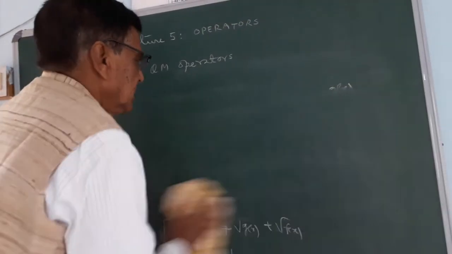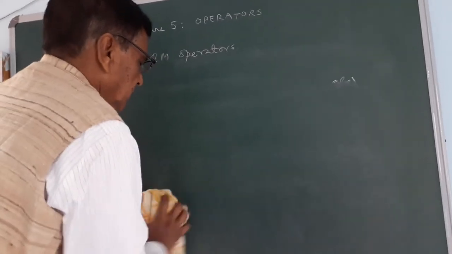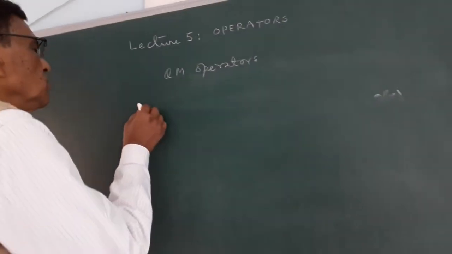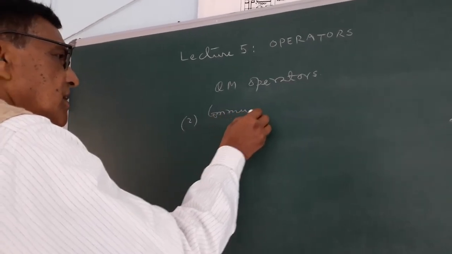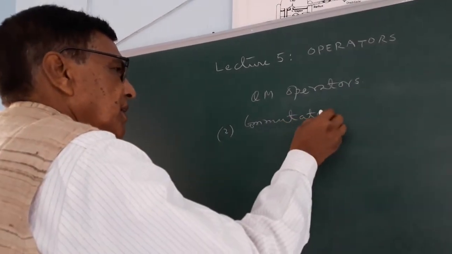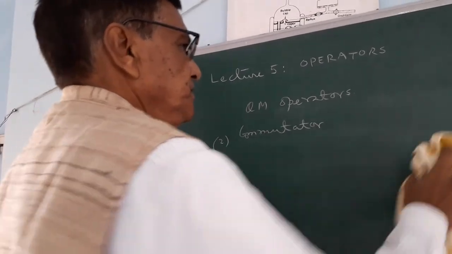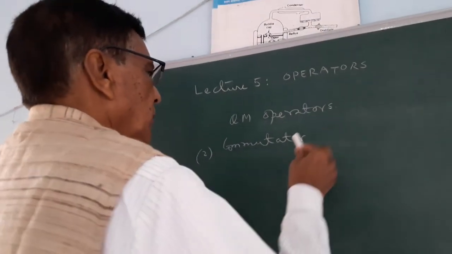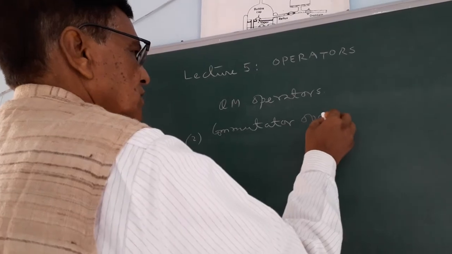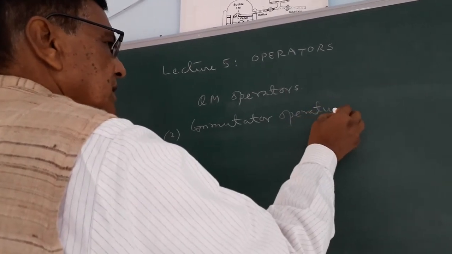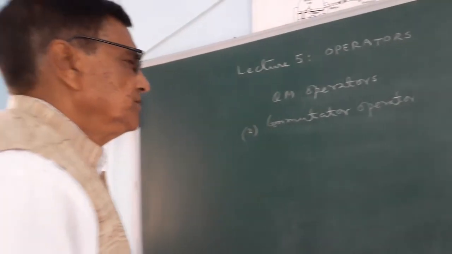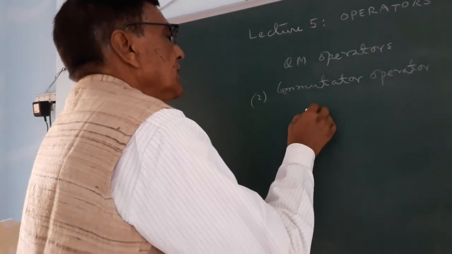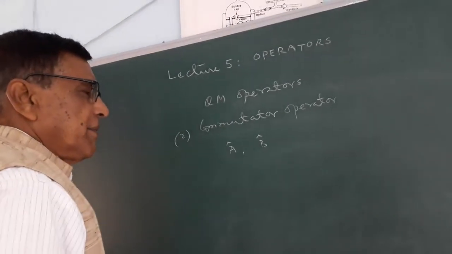Then, among quantum mechanical operators, the commutator operator also plays an important role in quantum mechanics. Say A cap is one operator and B cap is another operator.